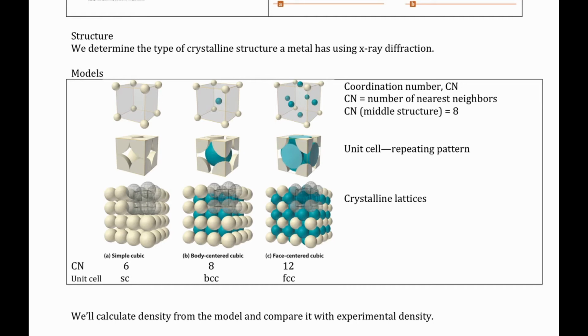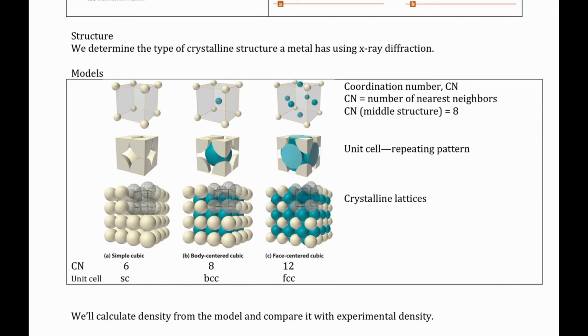So that one has a coordination number, Cn, of 8. The simple cubic has a coordination number of 6. The face-centered cubic has a coordination number of 12. And we will see those talked about again, so we can try to understand more why the 6 and the 12, but the 8 I think you can pretty easily see.